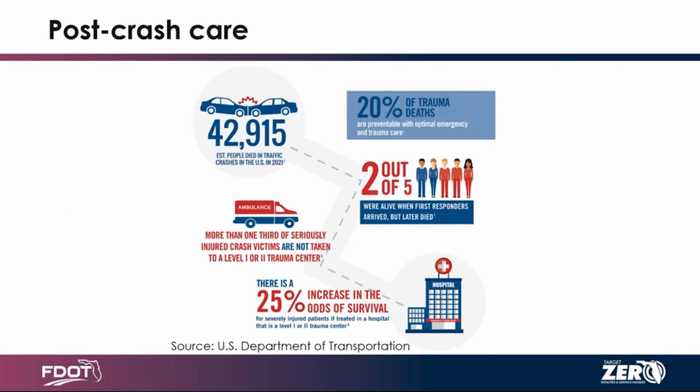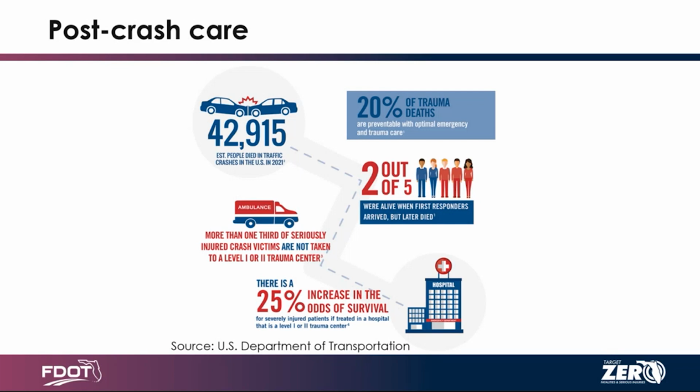So, some statistics on this: of the 40,000 plus people that die in the US every year, it's estimated that 20% of those trauma deaths are preventable. So 20% of the deaths that happened could have been serious injuries, right? 2 out of 5 of those folks were alive when the first responders arrived, but they later died.